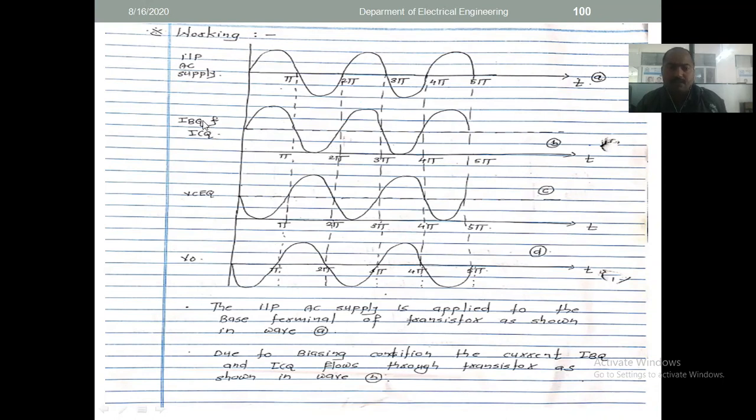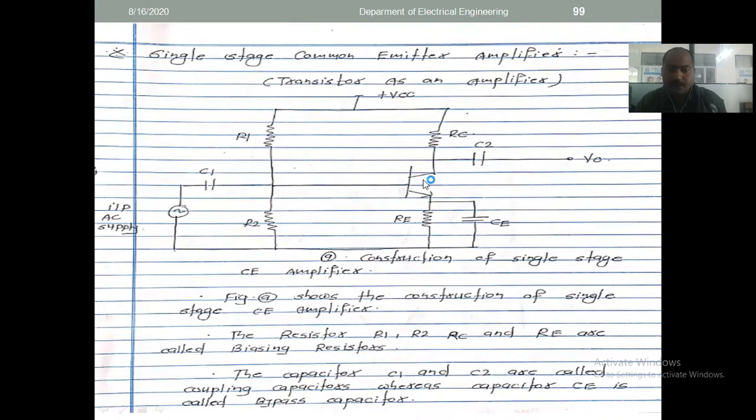This will happen with respect to IBQ and ICQ. And another thing I'm telling you: due to the same increased current at your output, at the same time whatever voltage is coming should be dropped by this RC, so that whatever input is applied there causes an increase in the collector current, right?